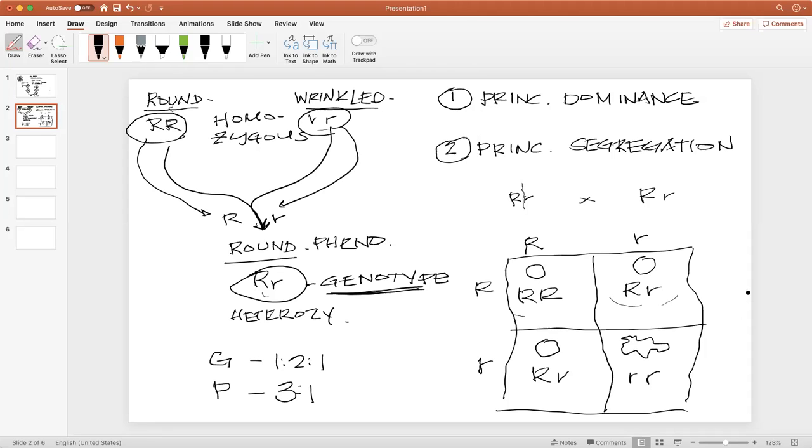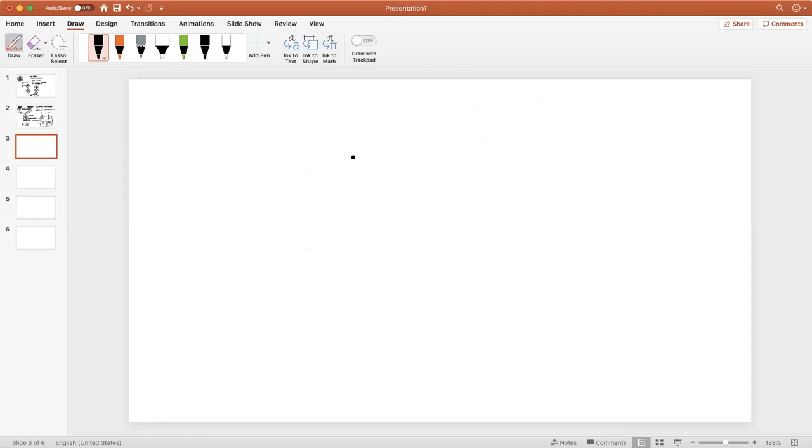Now, when we are looking at a single trait like this, there's a name for this type of genetics problem. It is called a monohybrid cross. So if looking at a single trait is called a monohybrid cross, you can probably guess what looking at 2 traits at once is.